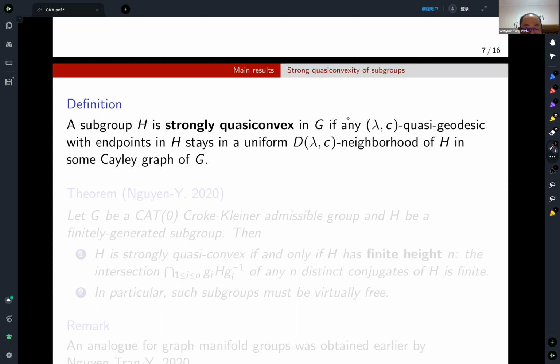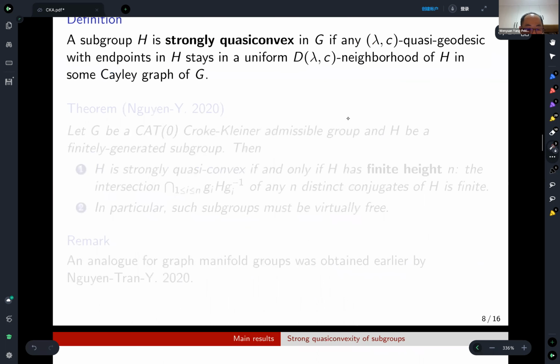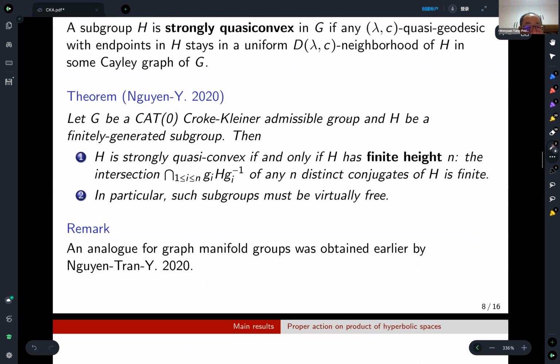So the first route of this talk is the following. Let's consider a CAT0 Croke-Kleiner admissible group, and also a finitely generated subgroup H. Here I assume this is CAT0 because in the Croke-Kleiner group we only have a central extension.